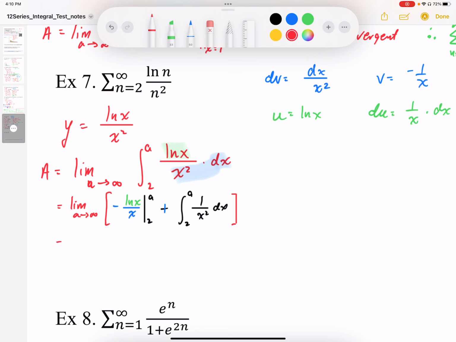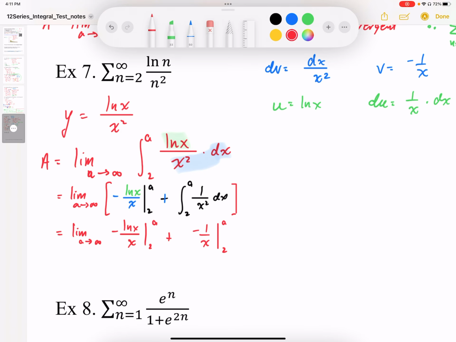Okay, so working this out, so limit as a goes to infinity, negative log x over x from 2 to a, plus, this is going to work out to be negative 1 over x, and the bounds of this are going to be from 2 to a as well.